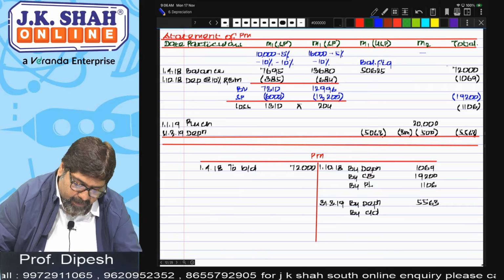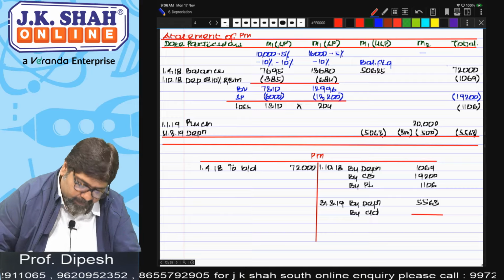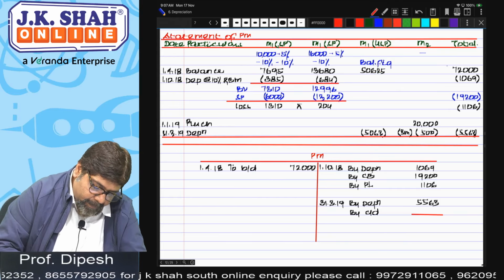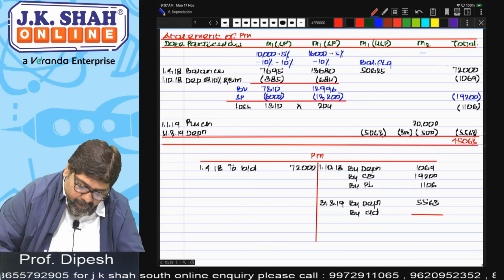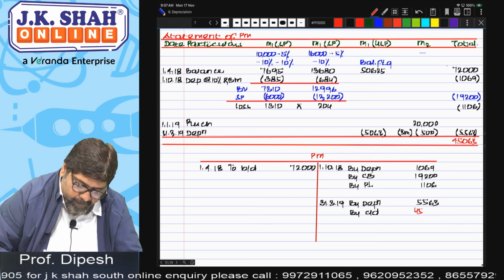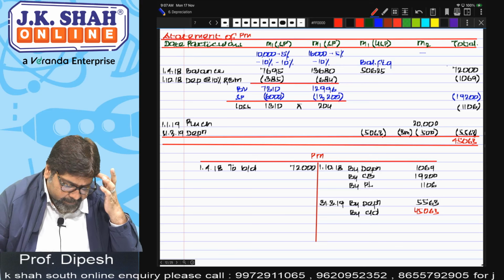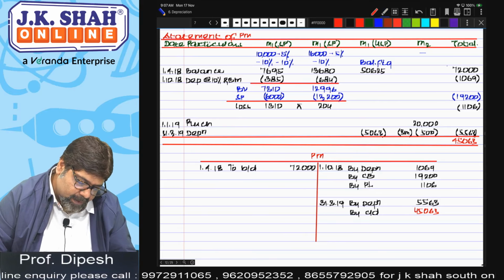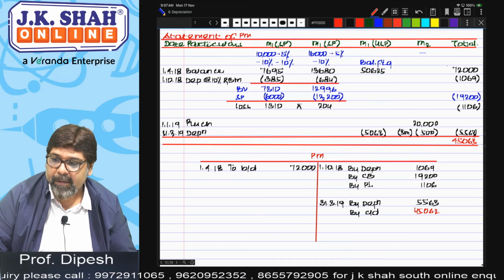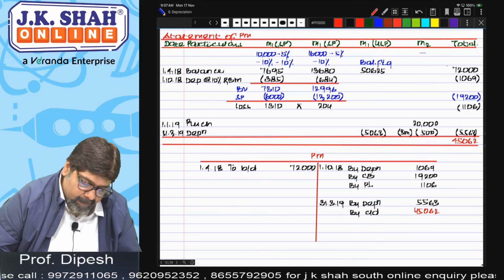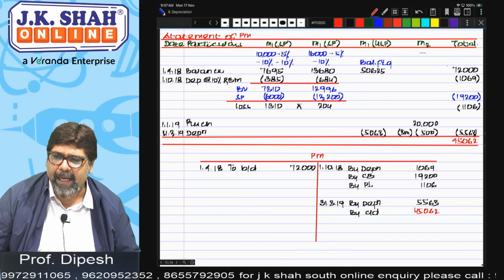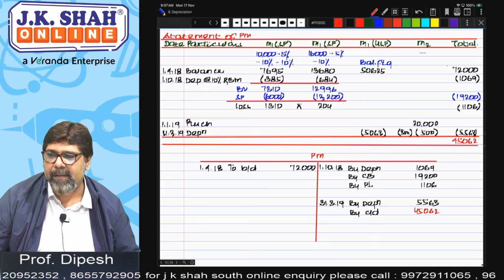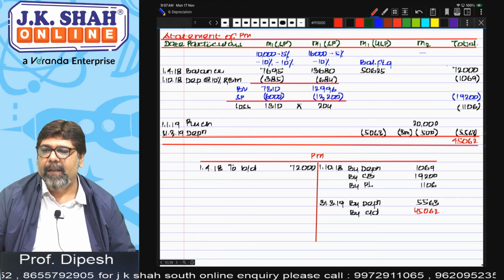By balance carried down. Correct? 45,062. Correct.